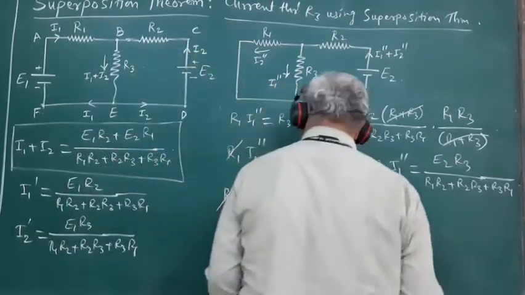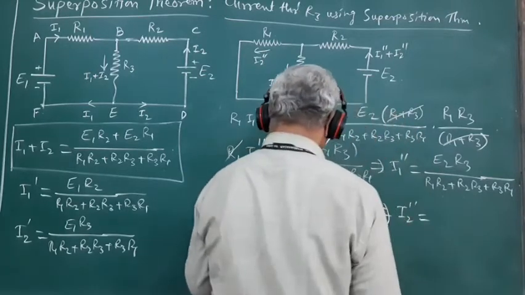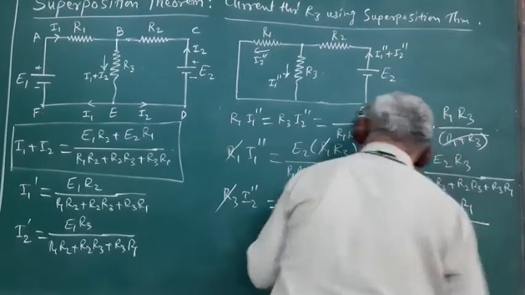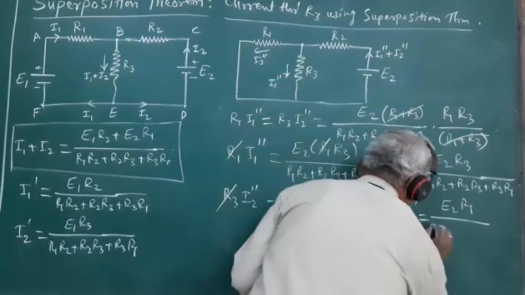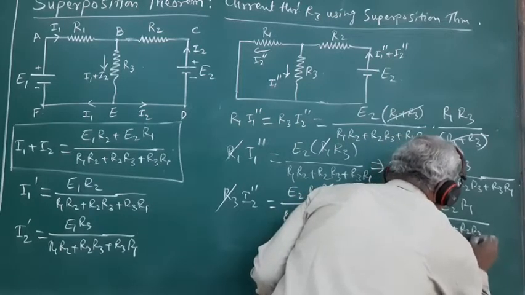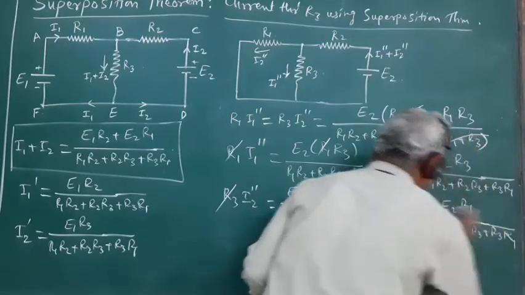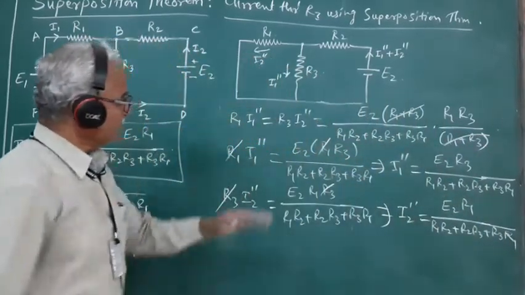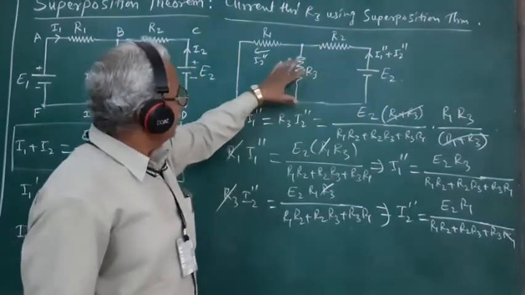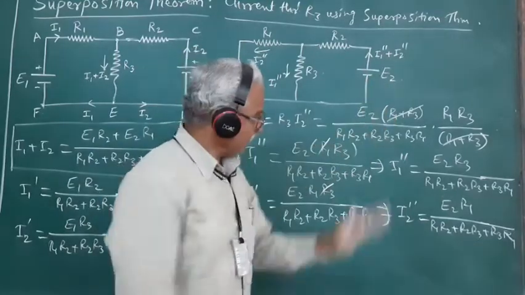So this implies I2 double prime is equal to E2 R1 divided by R1 R2 plus R2 R3 plus R3 R1. So these are the expressions for I1 double prime and I2 double prime. These currents are only due to the source E2.